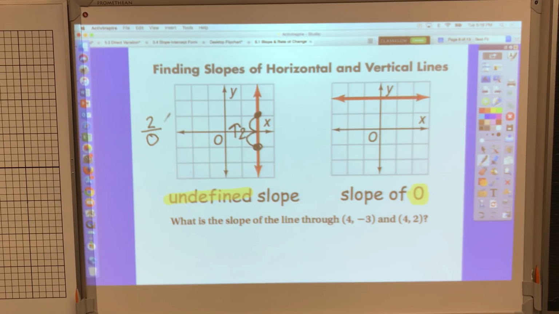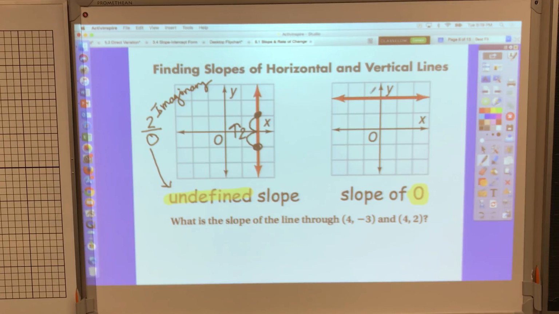Okay? And if you think back to our different sets of numbers, can I actually take 2 divided by 0? Okay. Can I split 2 into nothing? No. This is an imaginary number, which means it's an undefined slope because this is imaginary. It doesn't actually exist.